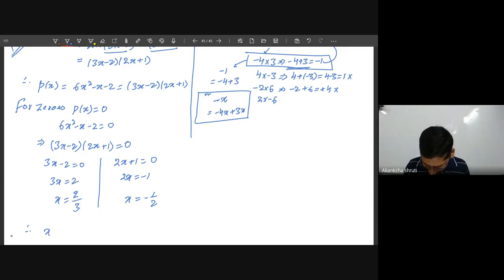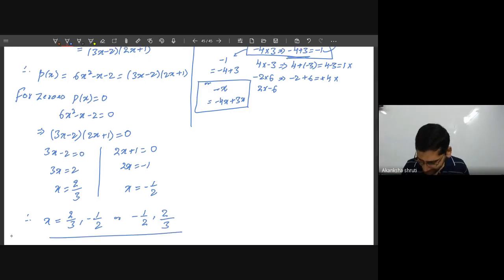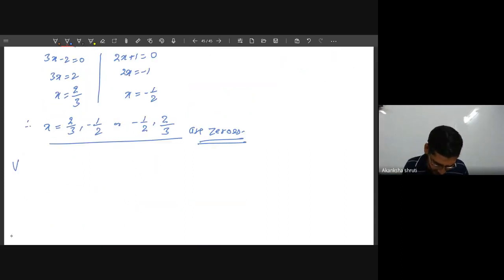Therefore, the values of x are 2 by 3, comma, minus 1 by 2, or any number can be written first, minus 1 by 2, comma, 2 by 3. Okay, so these are the zeros. We can also verify this. How can this be verified? Whether they are zeros or not?